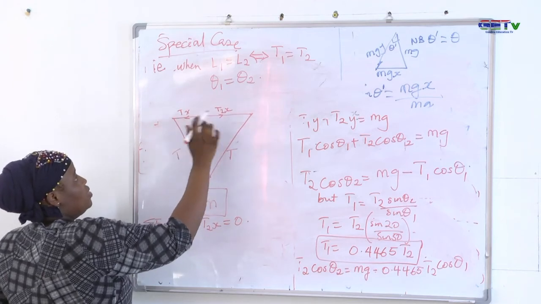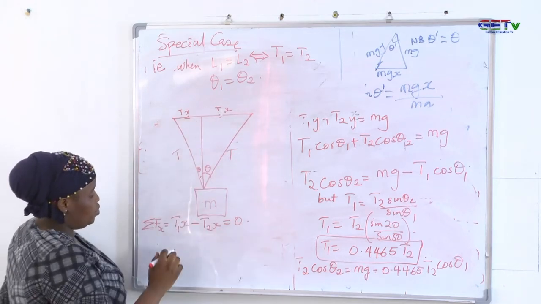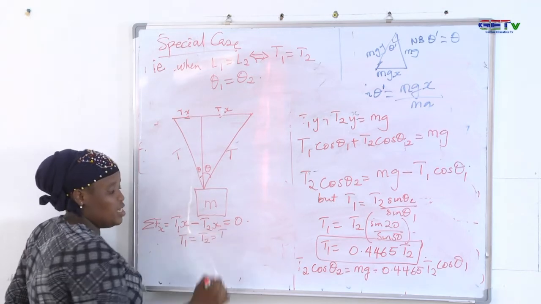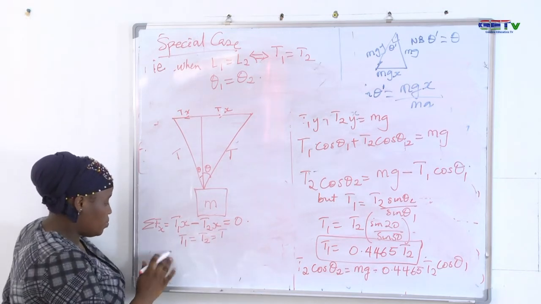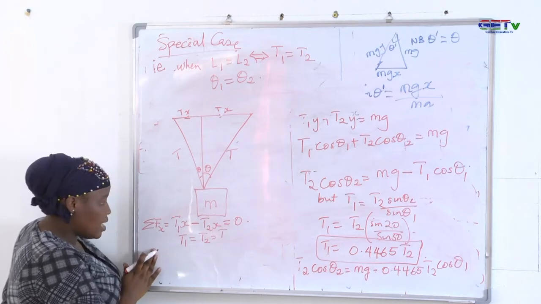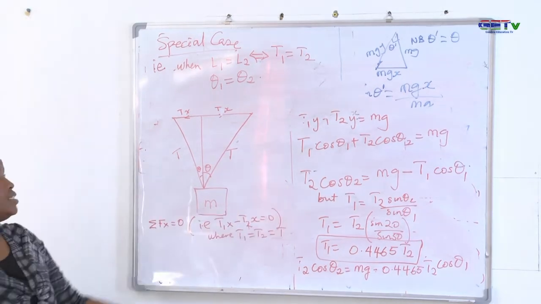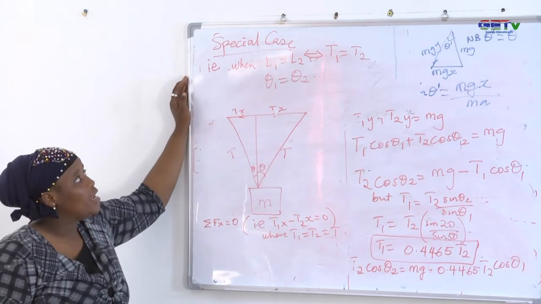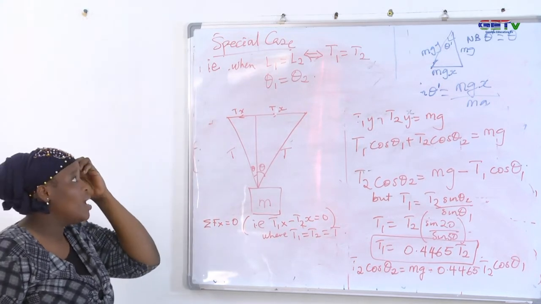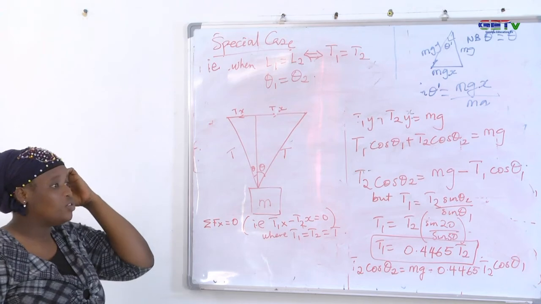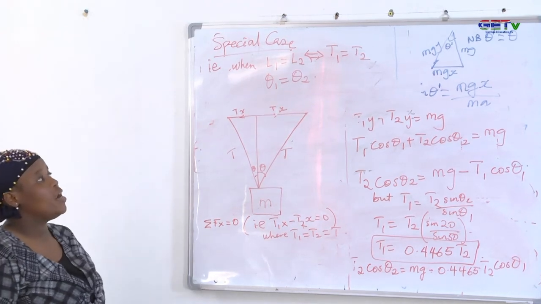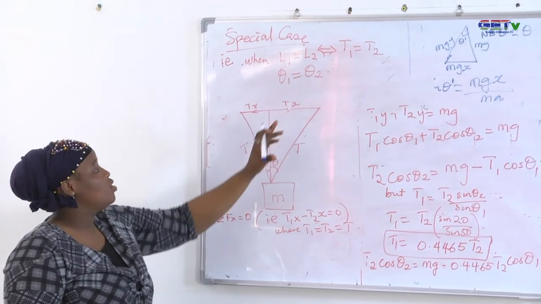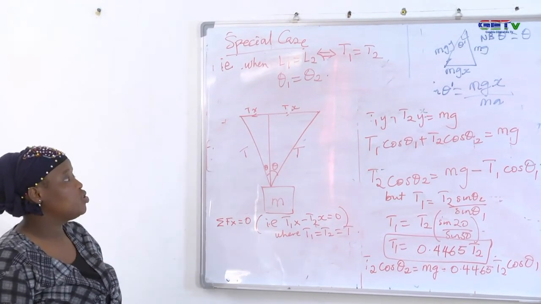But then T1 is equivalent to T2, so T1 is the same as T2. We don't give it an initial. This is a special case, like I said before, because the two lengths are equal. L1 is equivalent to L2, and since L1 is equivalent to L2, the tensions in L1 and L2 must be equal to each other, and the angle of inclination must also be equal.